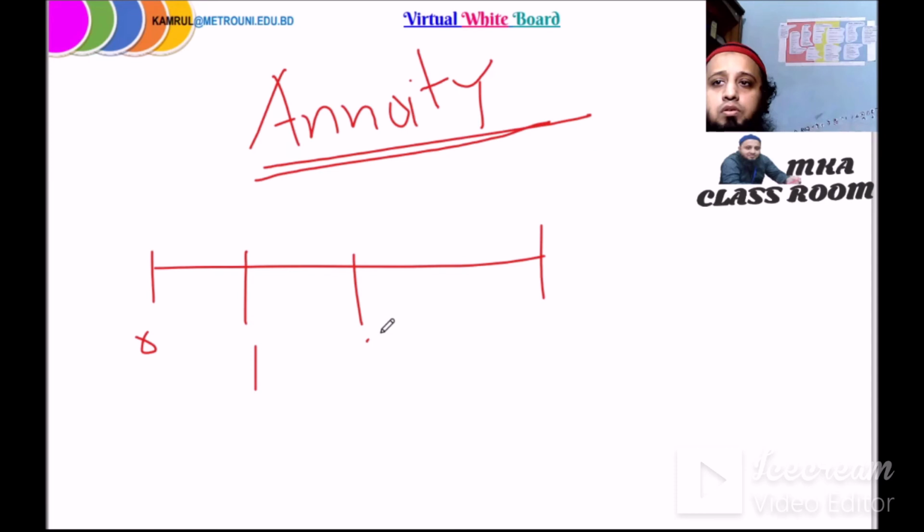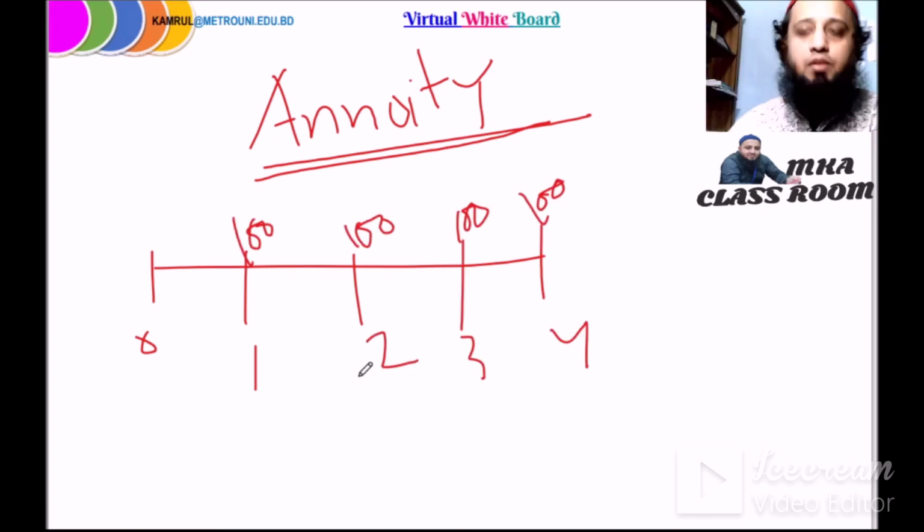Here our payments are 100, 100, 100 and 100. Our interest rate is 10%. What will be its future value?